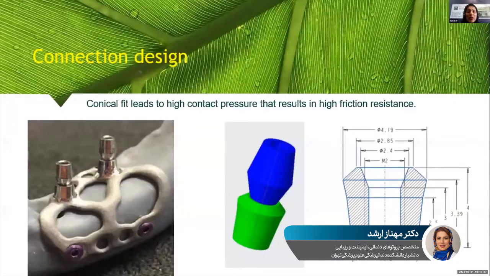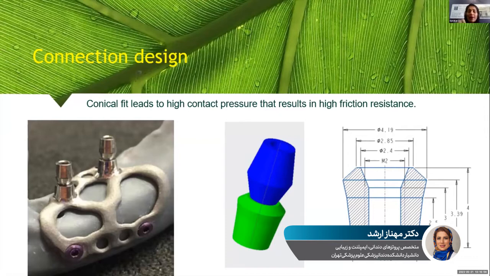Another model is connection design, where they make the connection of the implants in the post of the subperiostal implants and use some impression coping and abutment like the endosteal abutment implants. But the important thing that you must pay attention to is the length of the connection.